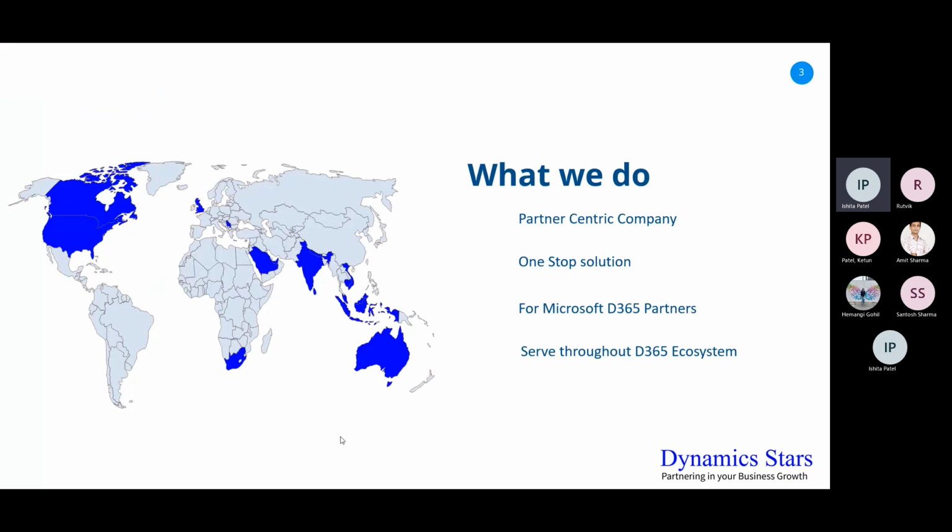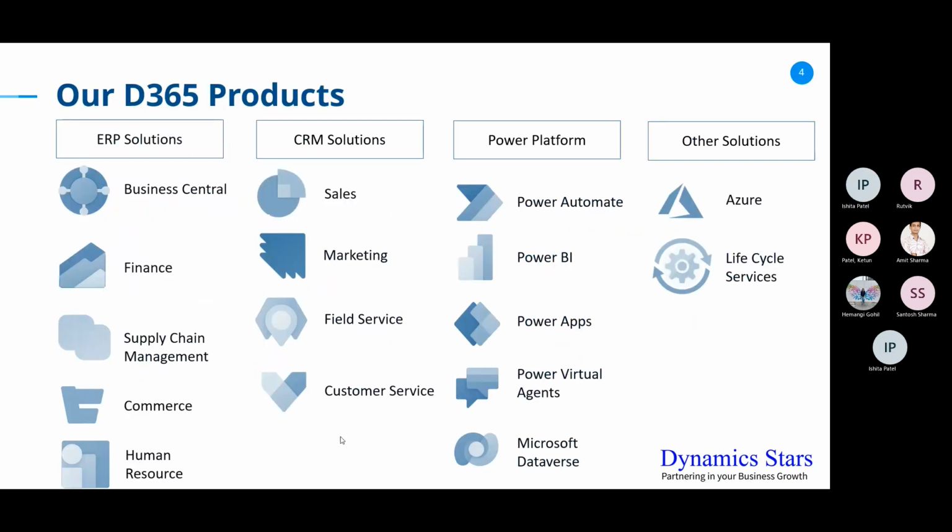We are a partner centric company, and we work with Microsoft partners. We serve Microsoft partners throughout the D365 ecosystem. We aim to be one-stop solution for Microsoft partners for all their needs regarding D365 ecosystem.